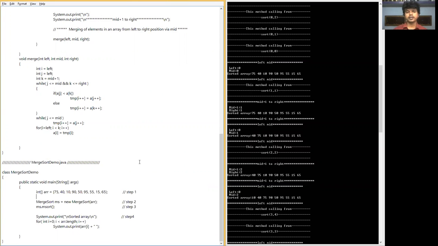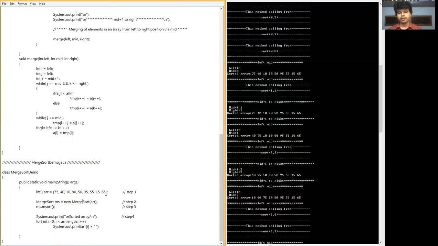I'm not explaining object orientation now, only the steps needed to evaluate these elements into ascending order. First step, we consider an array named a, and this array is going to be sorted.